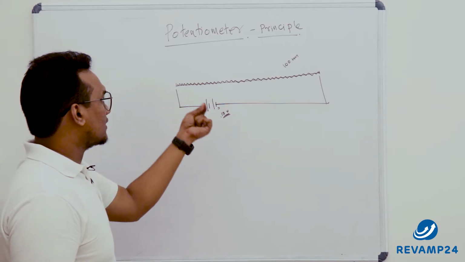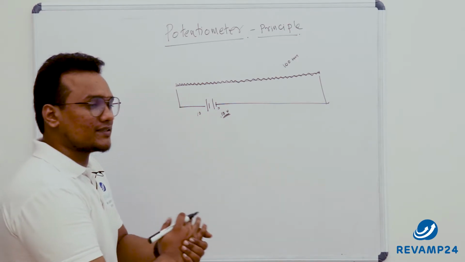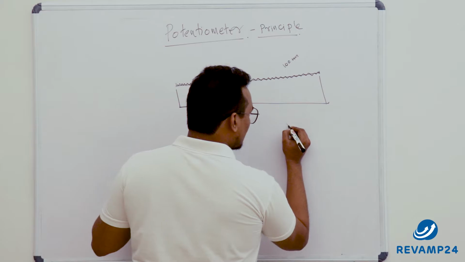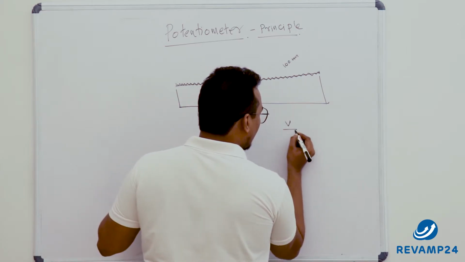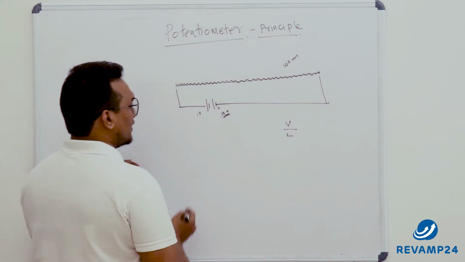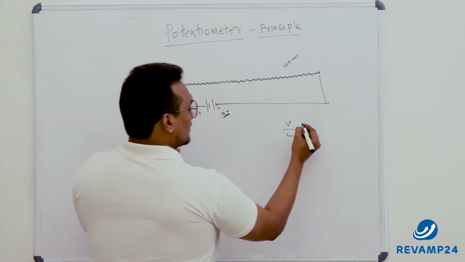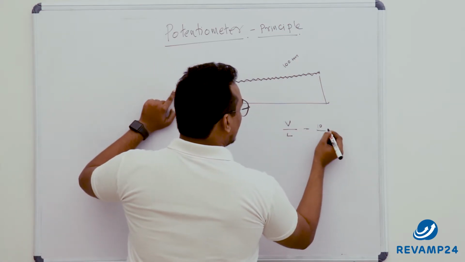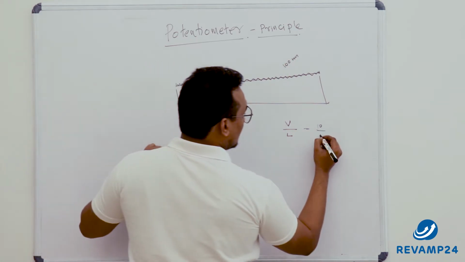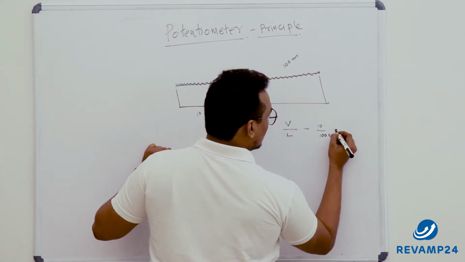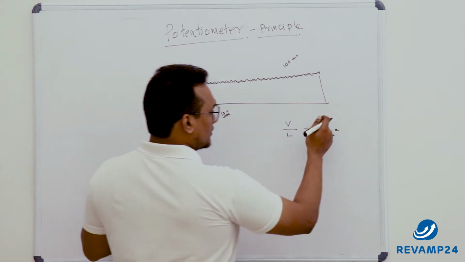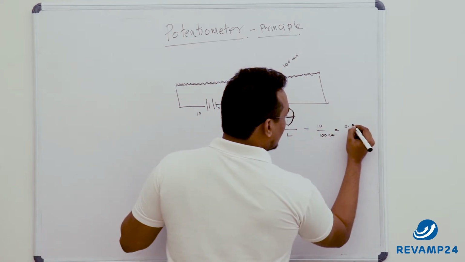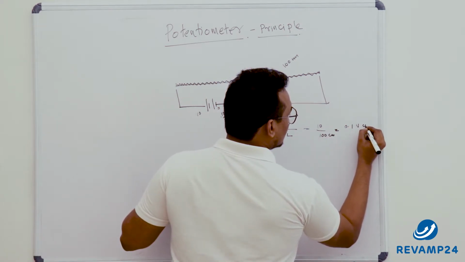Now there is a term called potential gradient. What is that? The fall in potential divided by total length. In this case, the fall in potential is 10 volt, divided by 100 centimeters. Now what is the value? 10 divided by 100 is 0.1 volt per centimeter.